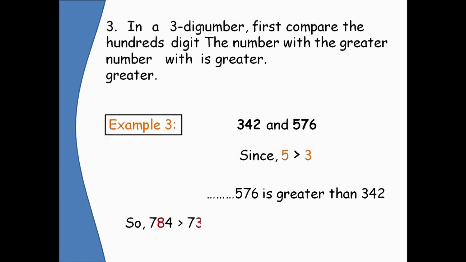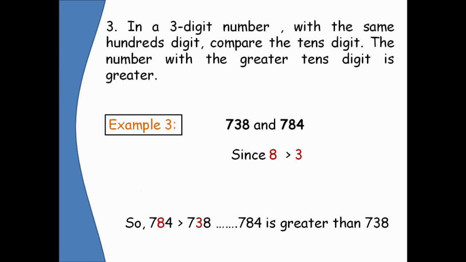Now moving on to rule number 3. In 3-digit numbers with the same hundreds digit, compare the tens digit. The number with the greater tens digit is greater. For example, we have taken two numbers, 738 and 784.